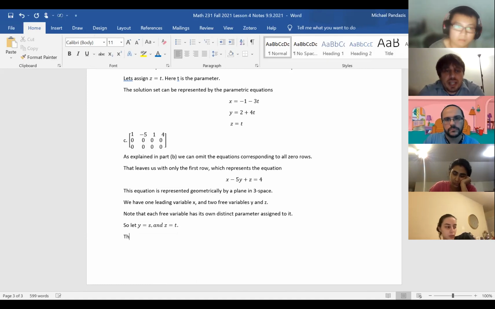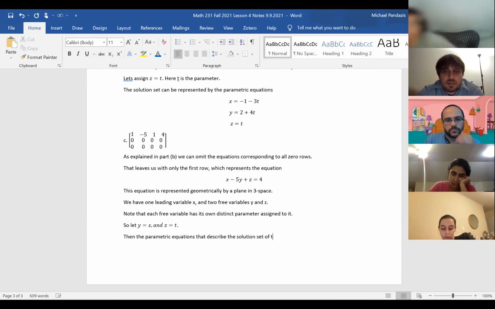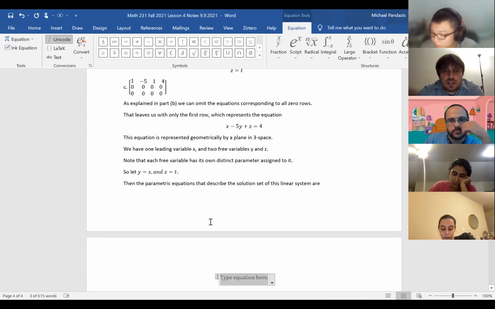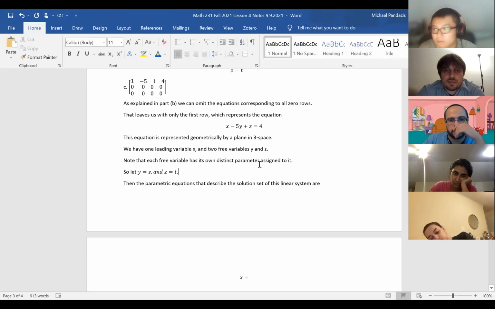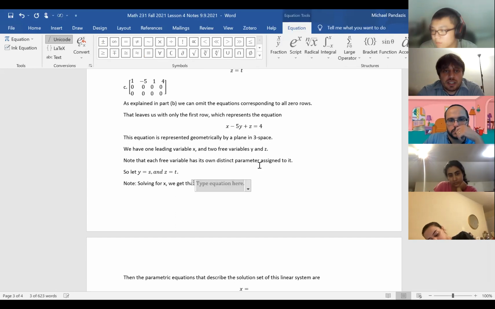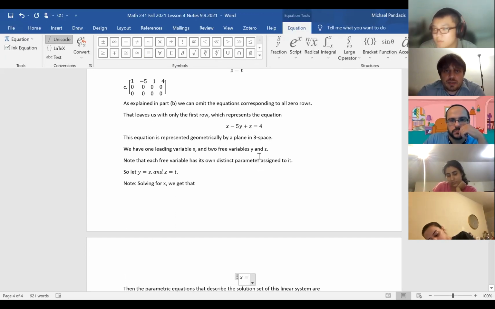Then the parametric equations that describe the solution set of this linear system are, if we solve for x, that x is equal to 5y minus z plus 4.